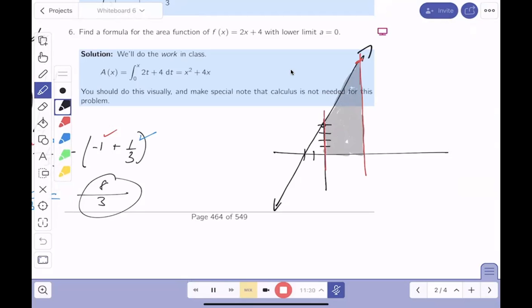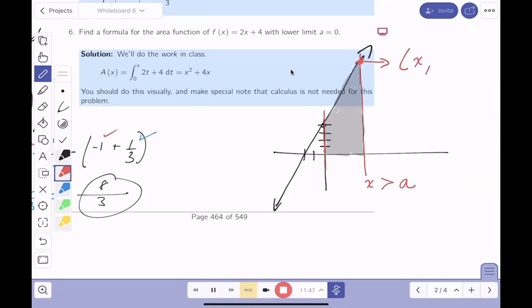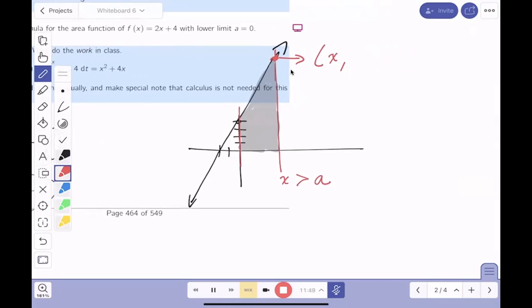I think I've seen something like this before, right? Put this point over here. This point is going to be, I have no idea, x, but I do know this, x is greater than a. So what's this point going to be? x, comma, f of x. What's f of x? 2x plus 4.